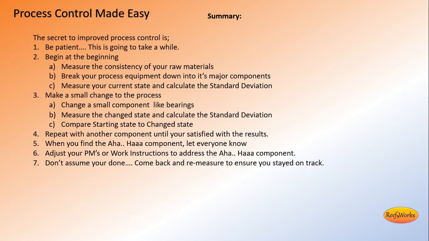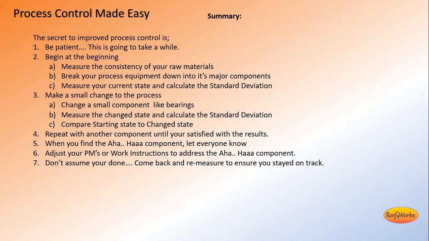So the secret to process control, and it really is easy, is to be patient. It's going to take a while. And begin at the beginning. Measure the consistency of your raw materials. Understand what they are. Break your process down into its major components.